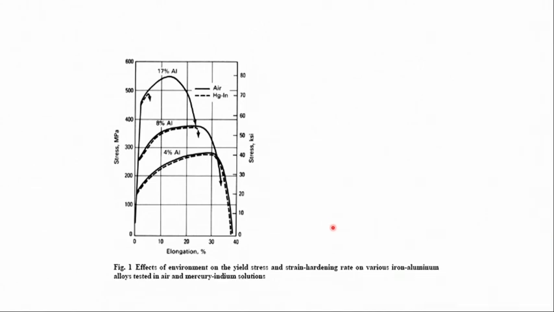So, if you quickly go through the tensile ductility and tensile strength of that particular liquid metal embrittled component, you will find that tensile ductility is reduced to a large extent by the process of liquid metal embrittlement.